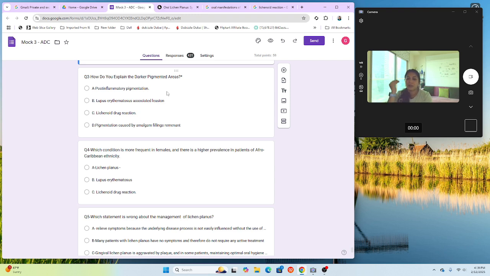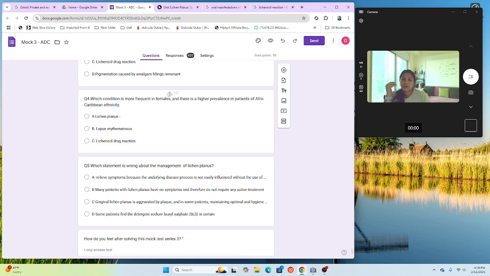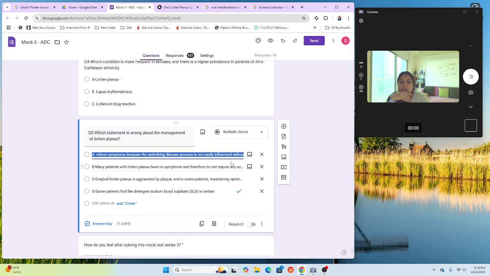You understand? Now, which statement is wrong about the management of lichen planus? Relieve symptoms because the underlying disease process is not easily influenced without the use of drugs that have significant adverse effects. Okay. Many patients with lichen planus have no symptoms and therefore do not require any active treatment.